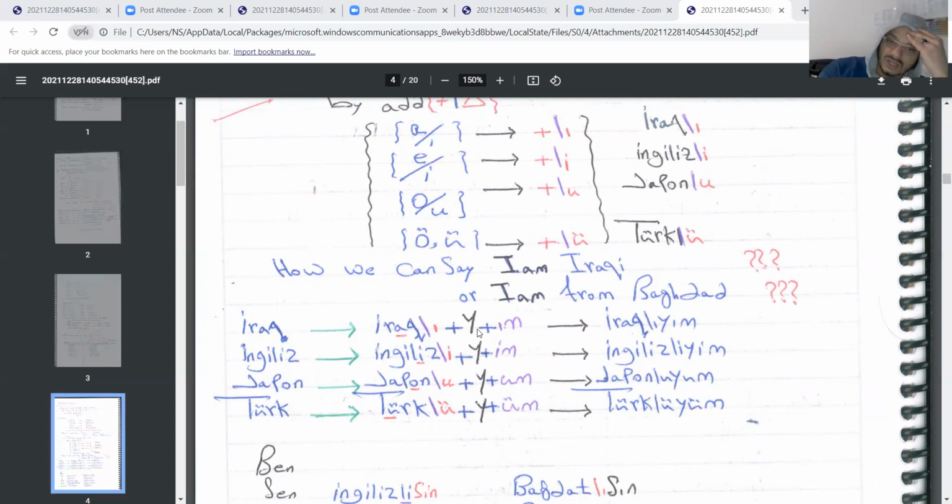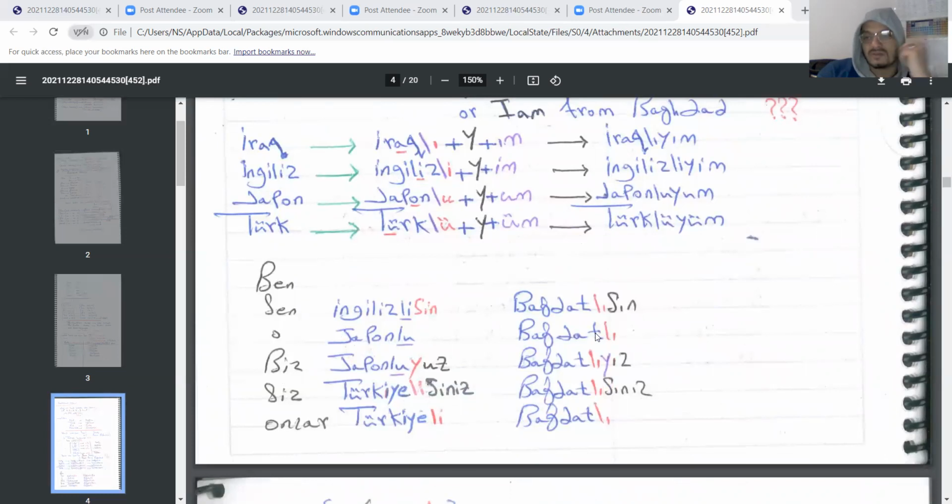I put it this way to prevent putting two vowel letters in the same place at the same time. To be Iraklıyım. İngiliz, İngilizliyim. Japon, Japonluyum. Or İstanbulluyum. Ankaralıyım. Bağdatlıyım. Türklüyüm. That means I'm Turkish.